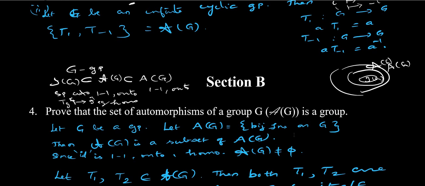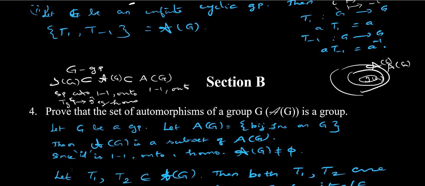So here we are asked to prove that script A of G is a group. We are going to establish this by showing that it exists as a subgroup of A of G. A of G is a collection of all bijective functions on G, and script A of G is a subset of A of G. That's very obvious.